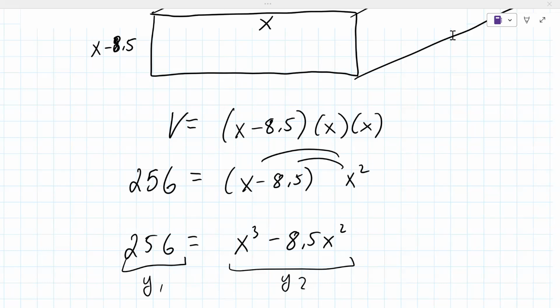Yeah, I need to reread this question. Do teachers use non-standard questions? Which is weird, first of all, because there are so many of these on the internet. Square patio floor, 256 cubic feet of concrete. Thickness of the floor is 8.5 feet less than each side length of the patio.